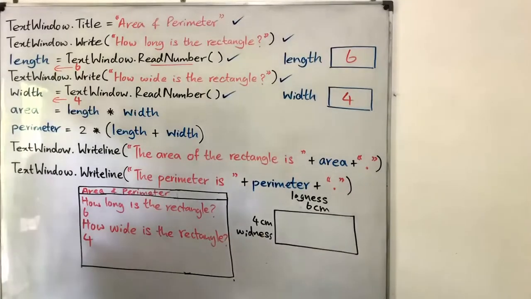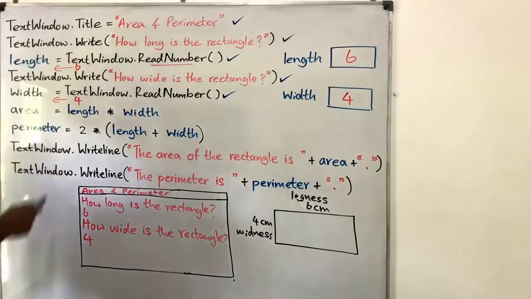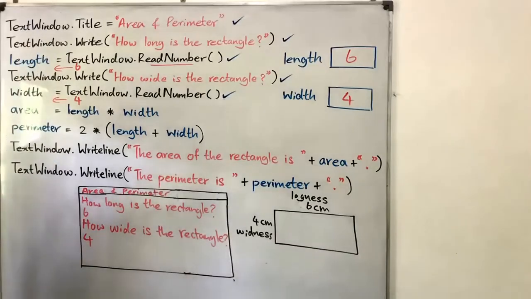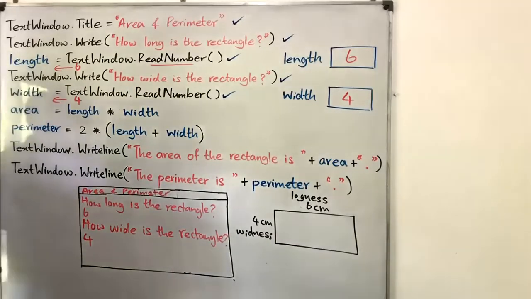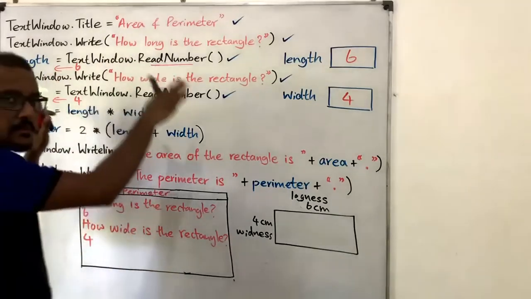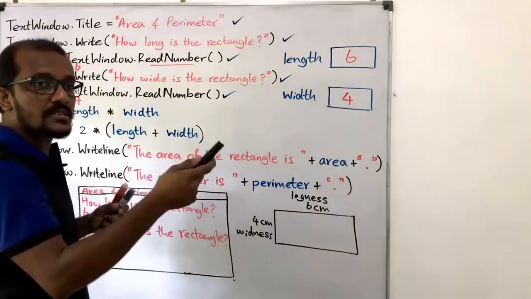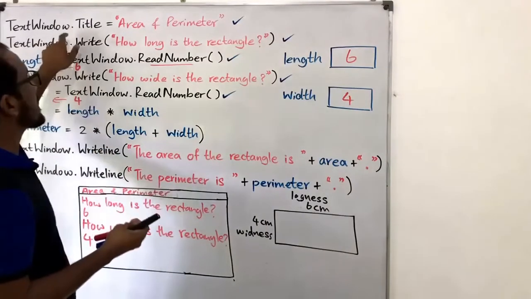So I would like to repeat these 5 statements from the beginning again. In the first statement, what happens? This program is in the RAM and it gives orders mainly to the text window object.